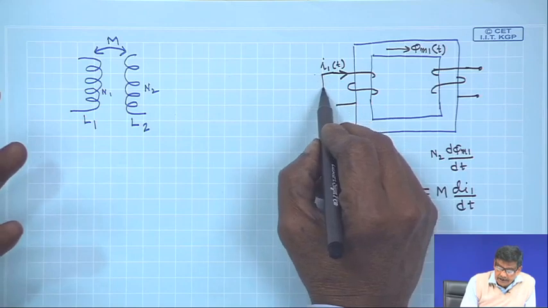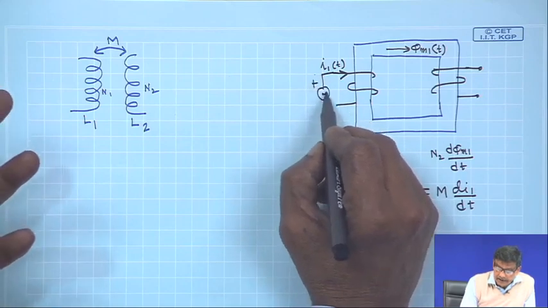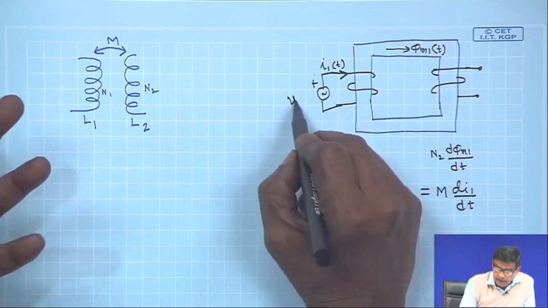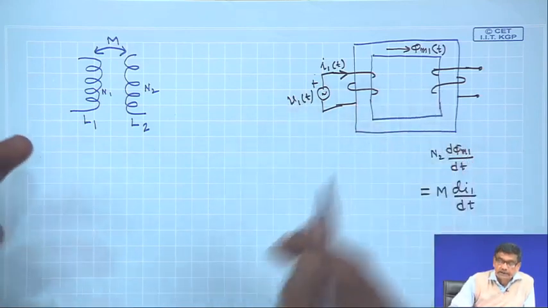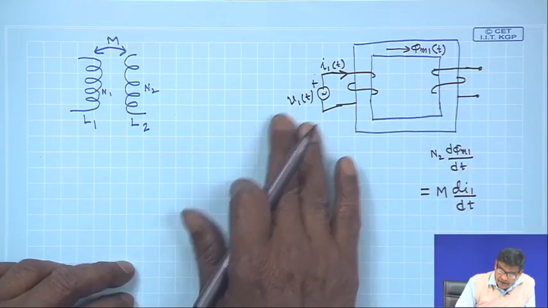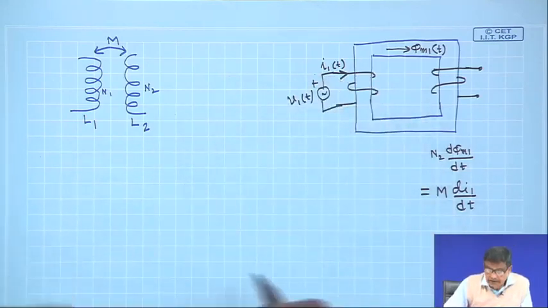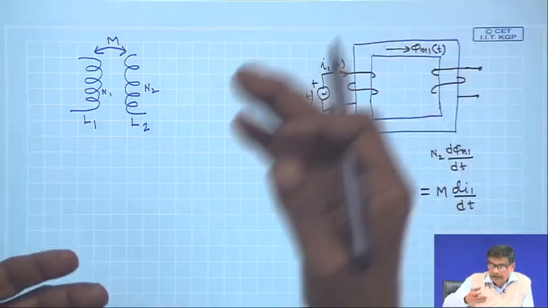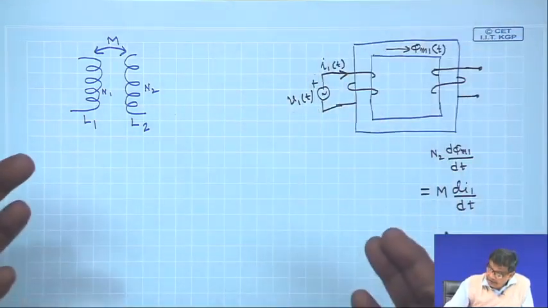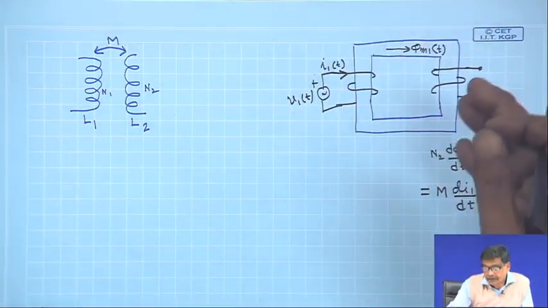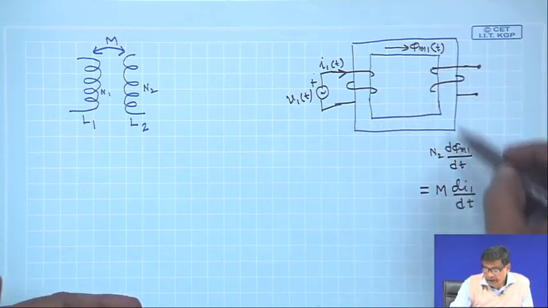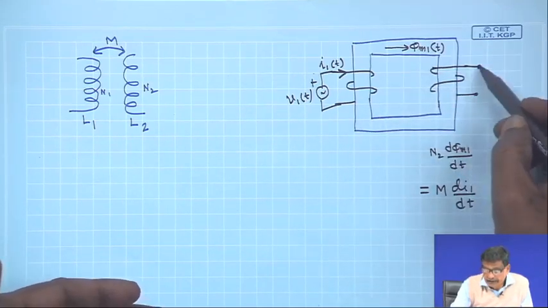It can be made time varying provided you connect a time varying source V1(t) on the primary side. If V1(t) is time varying, I1(t) in turn will be time varying. If I1(t) is time varying, phi M1 will be time varying, and if mutual flux is time varying, there will be an induced voltage across the second coil.